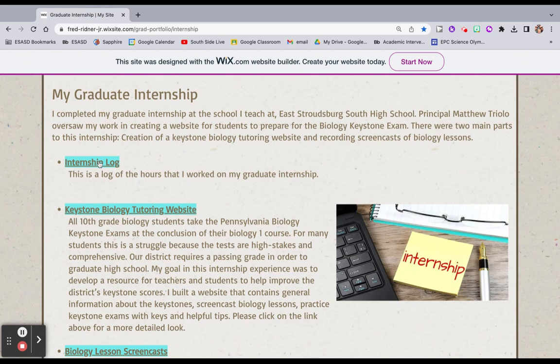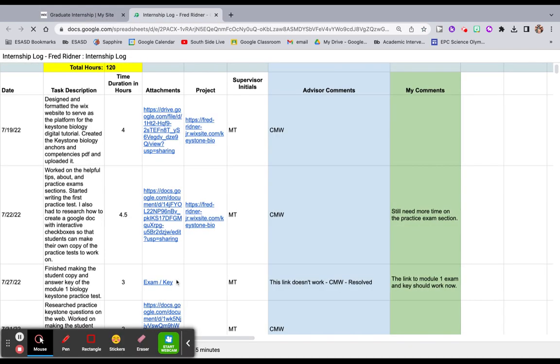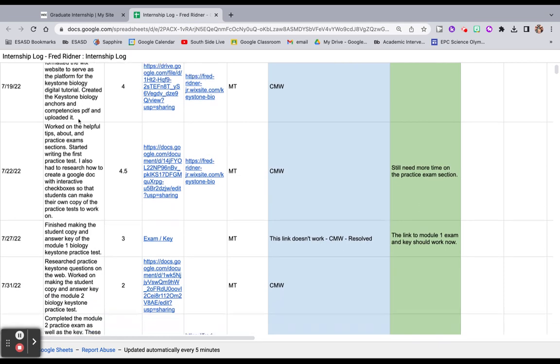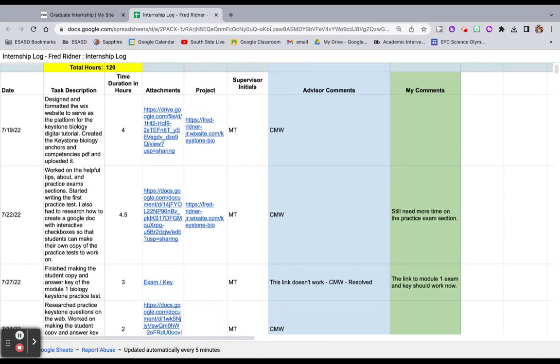First, I'm going to take you to my internship log. When we look into this log, you can see that I have logged all of my task descriptions. Whatever I worked on that day, I wrote a little description, how many hours.